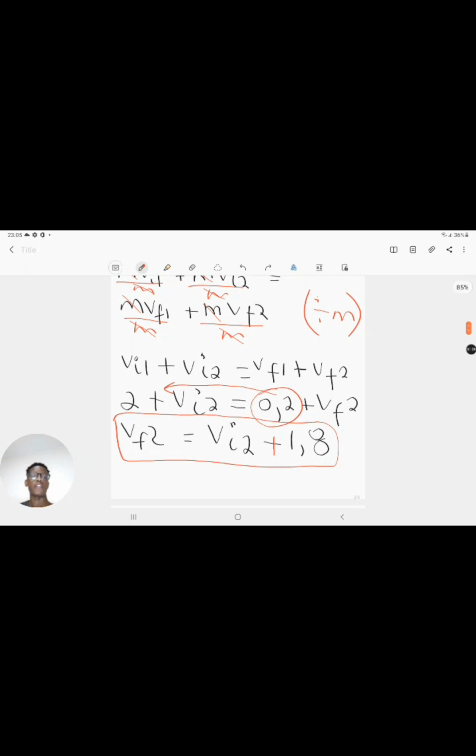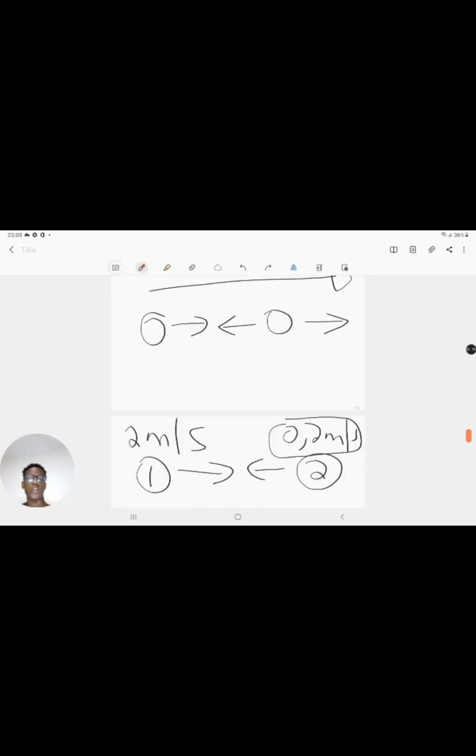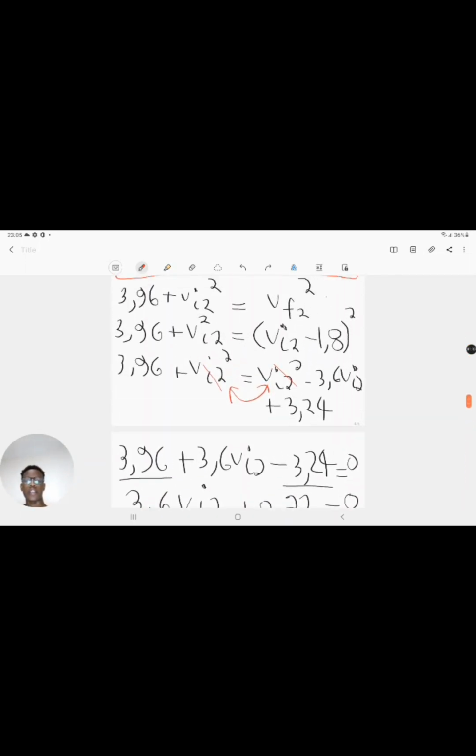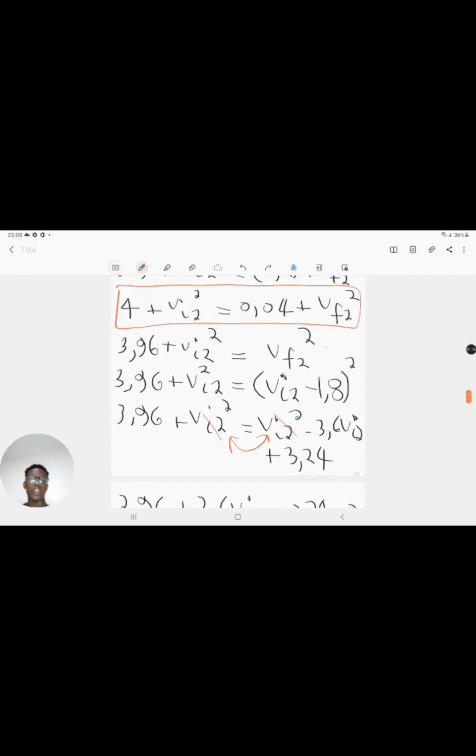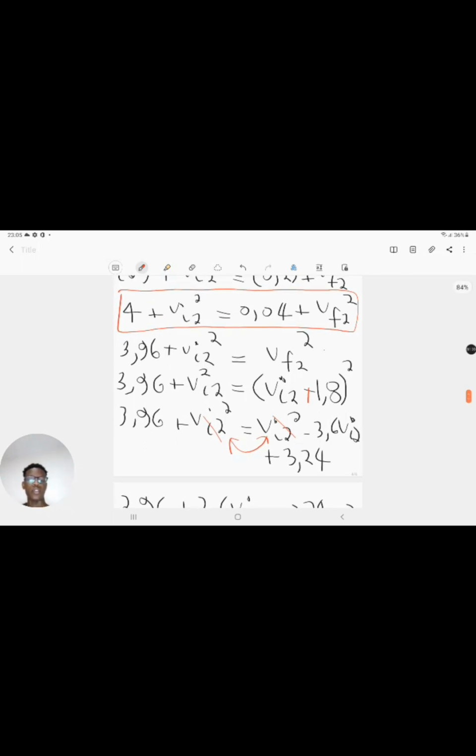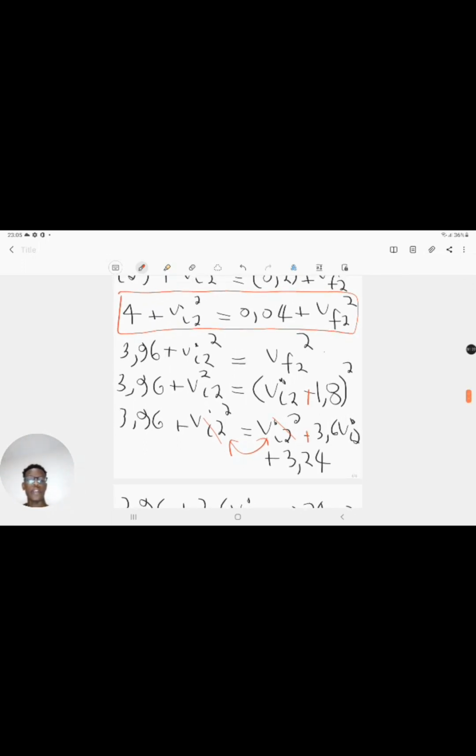I used this further down to substitute in the equation, and I used a negative there instead of a positive. It's supposed to be a positive, and therefore that is going to be a positive as well.